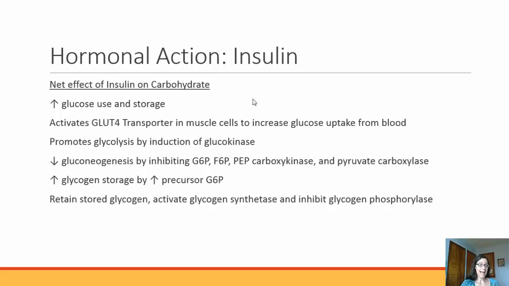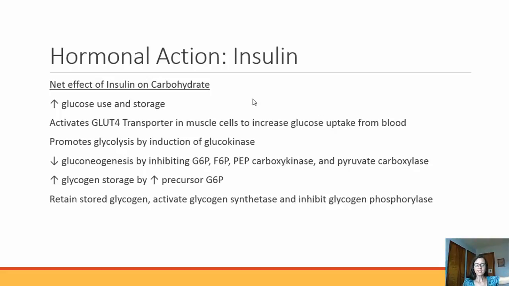Insulin is going to break down glucose as well. I know this can be a little confusing, but think about it: we have a lot of glucose and we have our insulin coming in saying blood glucose is too high, let's lower it. So we're going to store it, that makes sense, but we also are going to break it down and use it for energy.